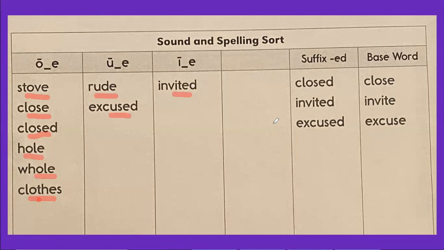The next part of your activity yesterday was to put words in the column that had a suffix ending with ed. And then you were to put the base word next to it. So what was the word before ed was added to that word?